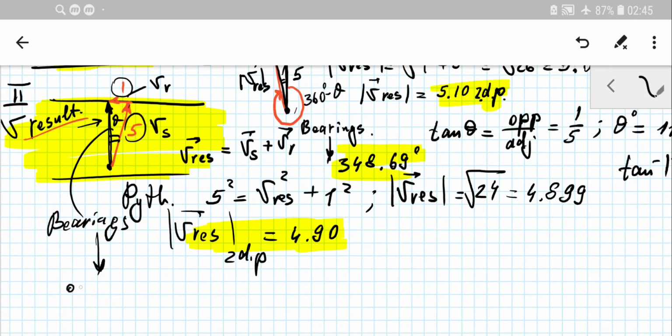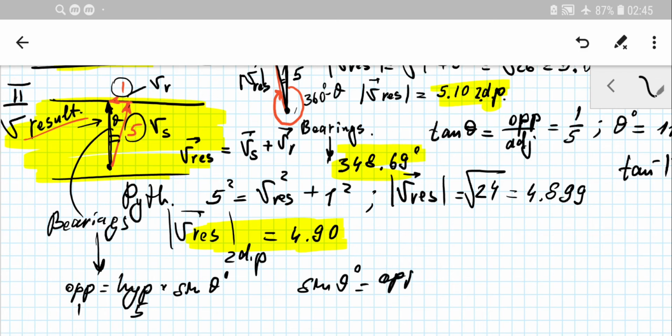So remember, the opposite side is always hypotenuse times sine of theta. From where sine theta is opposite over hypotenuse, so opposite side is 1, hypotenuse is 5, so it's going to be 1 to 5.